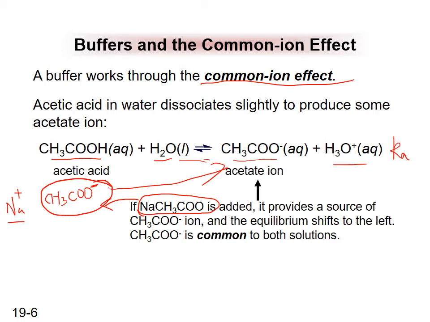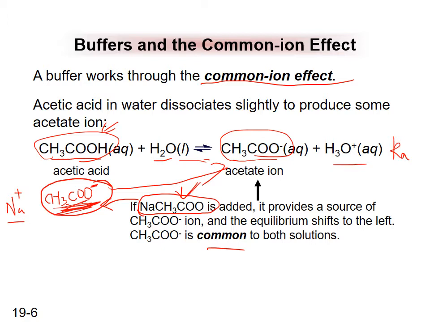Note that there's already some acetate anion generated by acetic acid. So this anion is called a common ion because it belongs to both sodium acetate and acetic acid. Both of them contain this anion, so it's called a common ion.